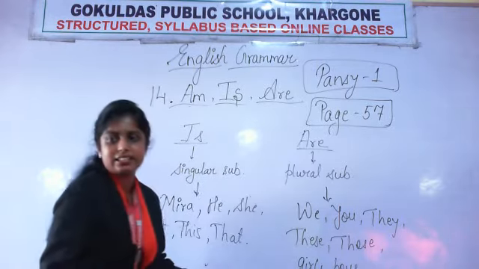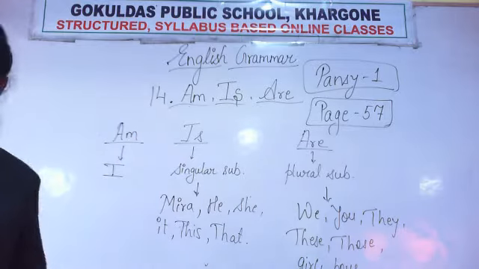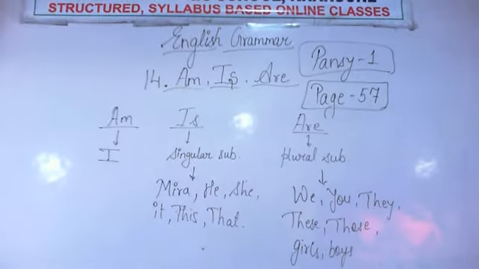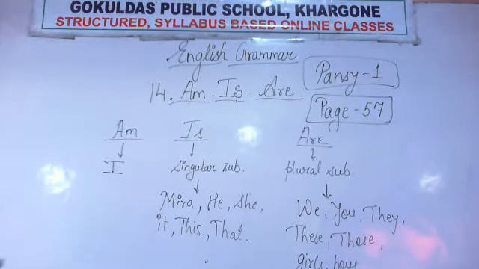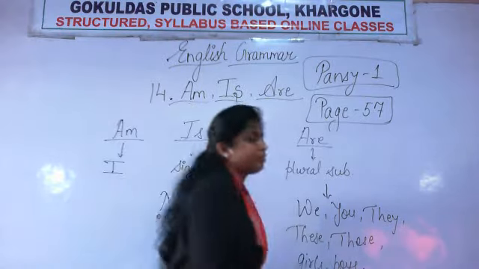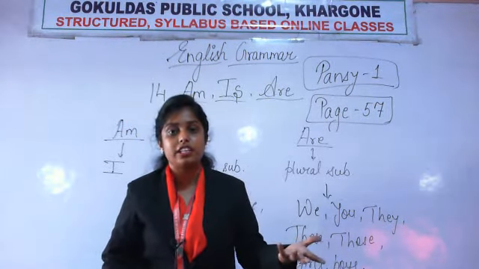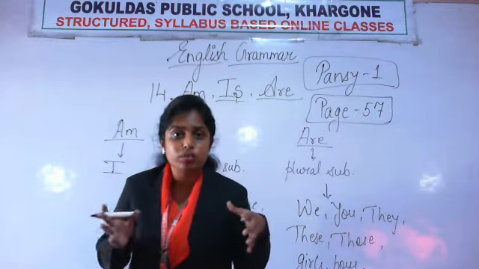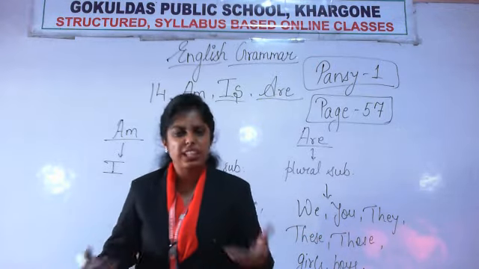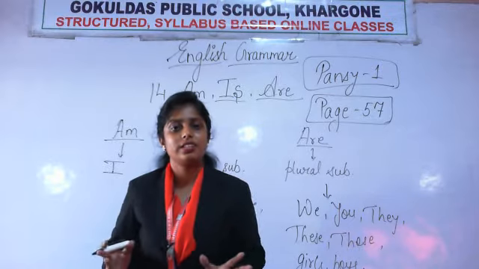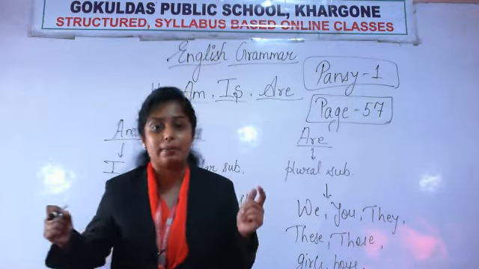Is it visible? Yeah, not so much. Like girls, boys, with two persons or more than two people. If we are talking about more than two cities, more than two things, or whatever it is. Okay, so now let's solve the examples.